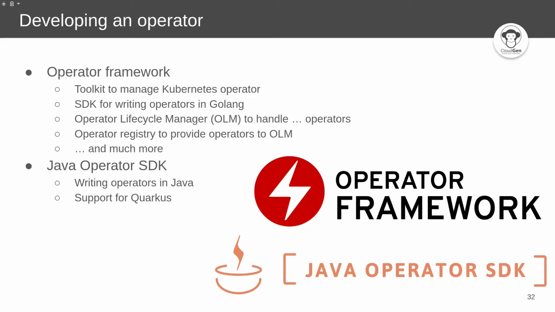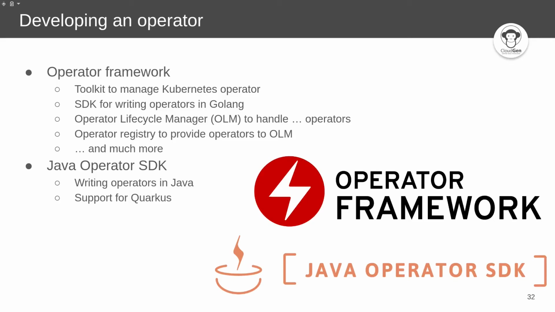It's a toolkit for developing Kubernetes operators. There is an SDK for writing these operators in Golang, because we know that Golang is the language of the Kubernetes world. But it also provides a so-called operator lifecycle manager for handling operators. We'll see in a bit what it is, but even a registry for providing operators to the OLM, and much more.